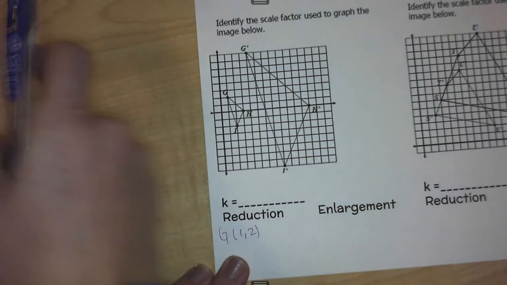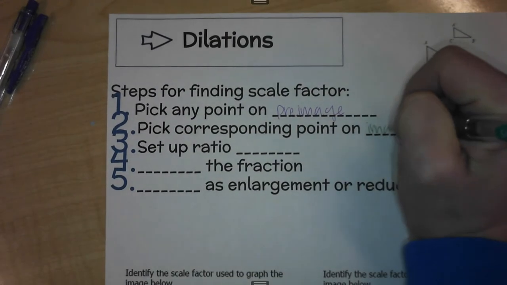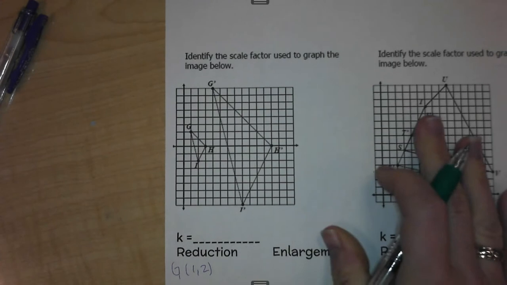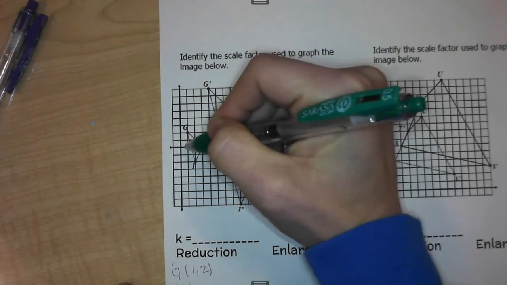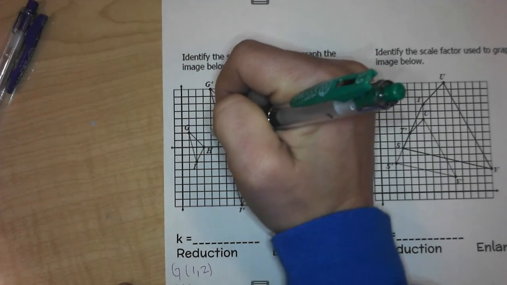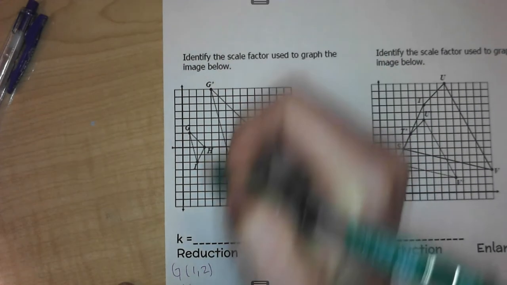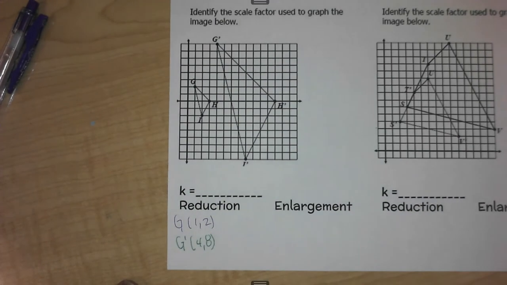So this is G. Now pick our corresponding point on our image. So that means G with our apostrophe, 2, 3, 4, 5, 6, 7, 8. So that one is at 4, 8.